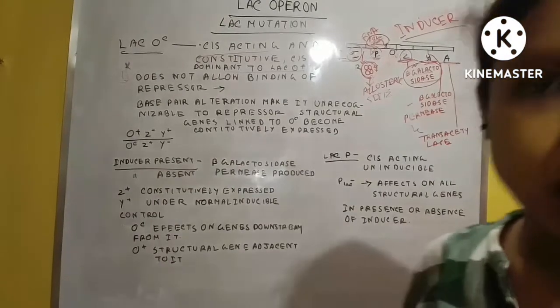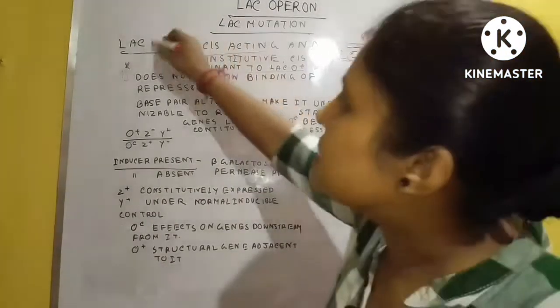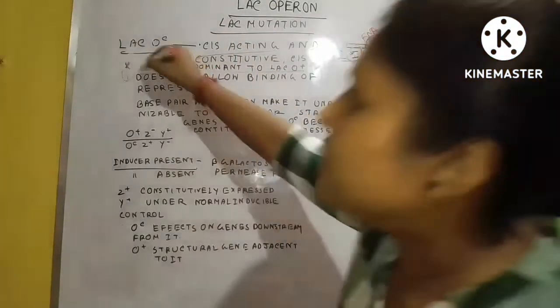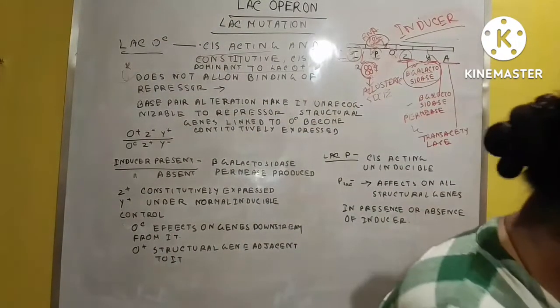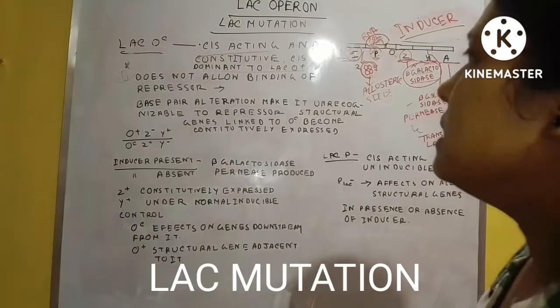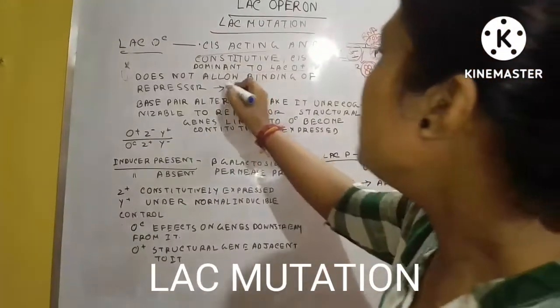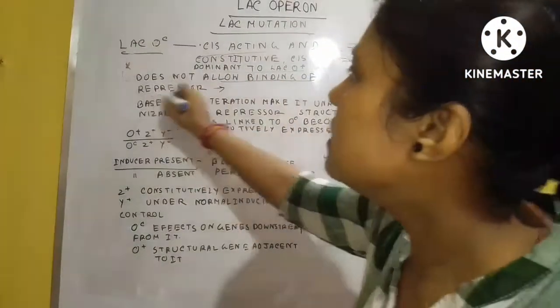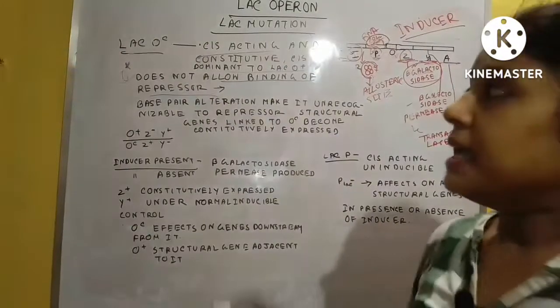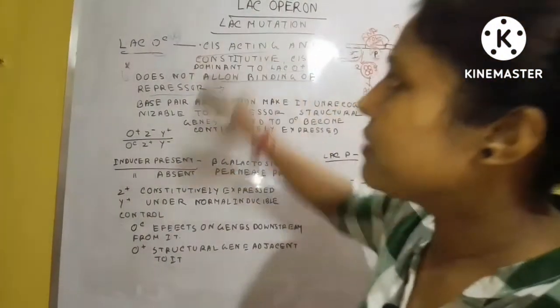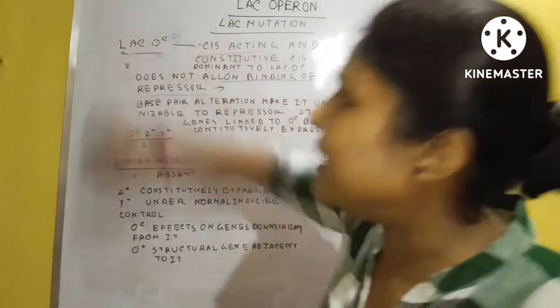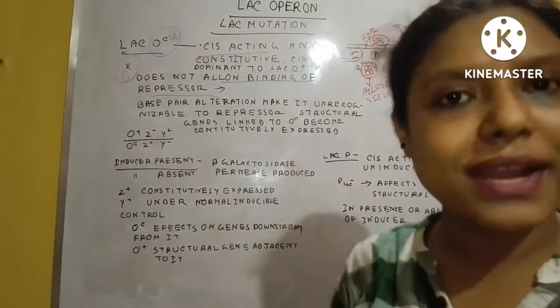After mutation of the operator system, this is very dominant over the wild type operator. Clear? It does not allow the binding of the repressor. This is very dominant and cis-acting. It is dominant over O plus.